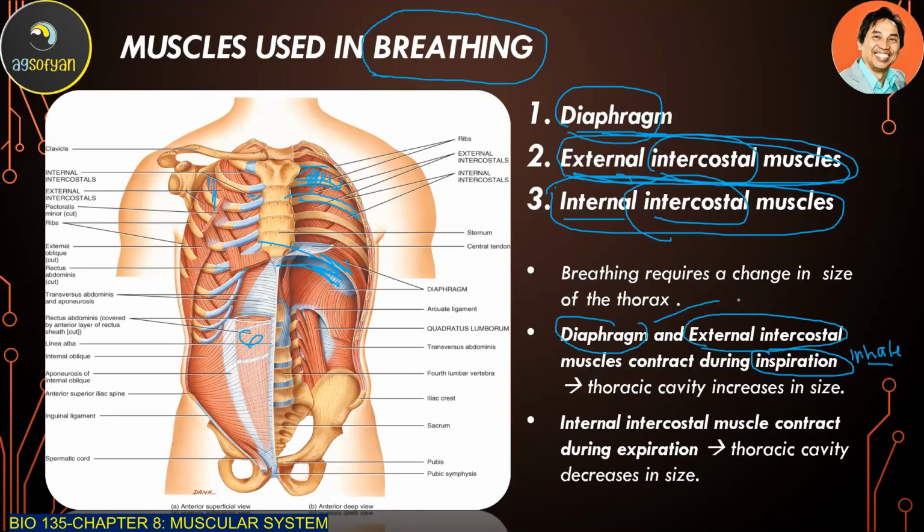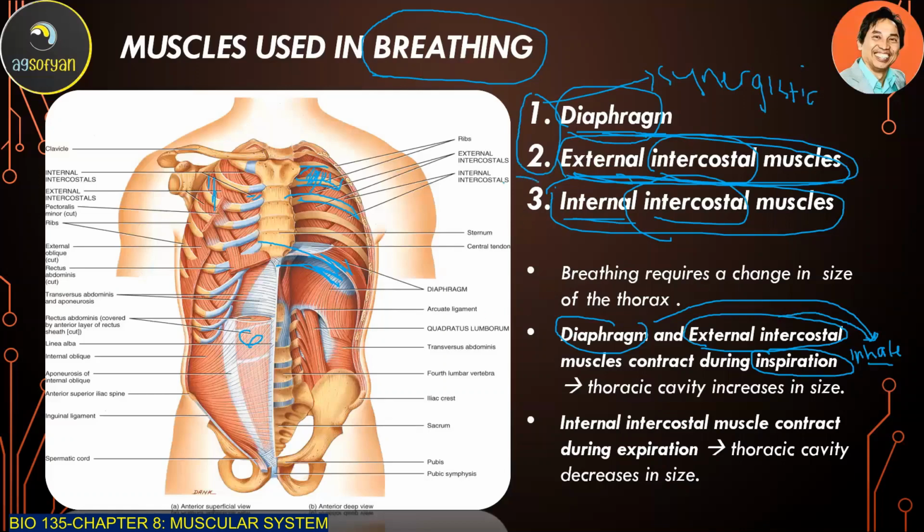So this is used for inhalation. These muscles will be contracted. How about the internal? The internal should be relaxed. These two muscles are synergistic. They work together in the same direction.